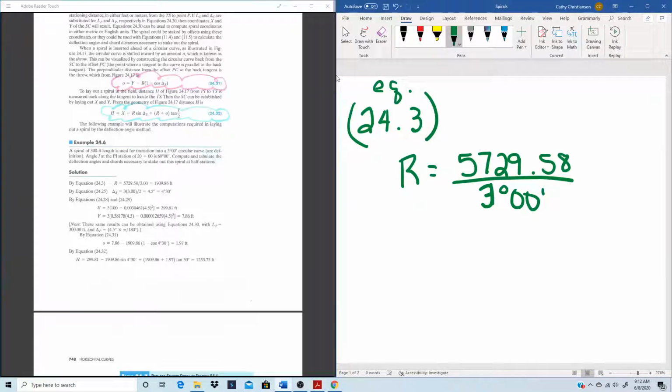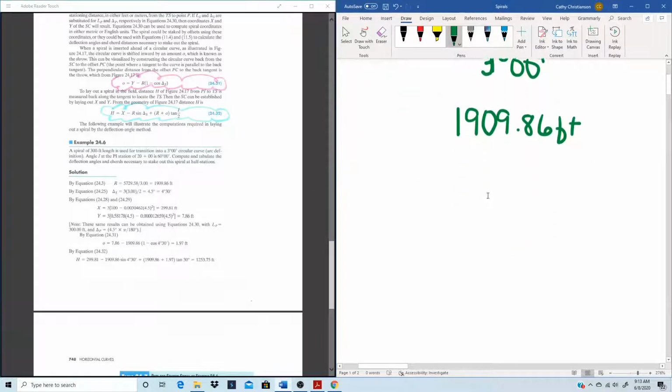And it just doesn't matter if you put seconds. And it'll give you R. So if you solve for that, you should get 1,909.86 feet. So we just solved for R.